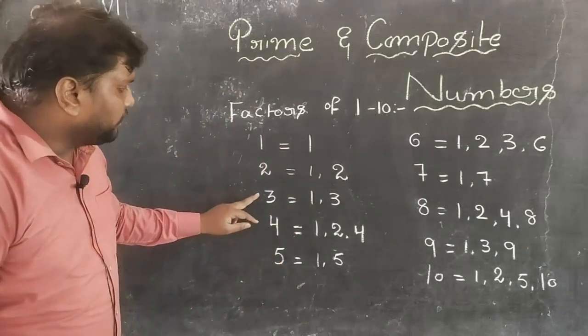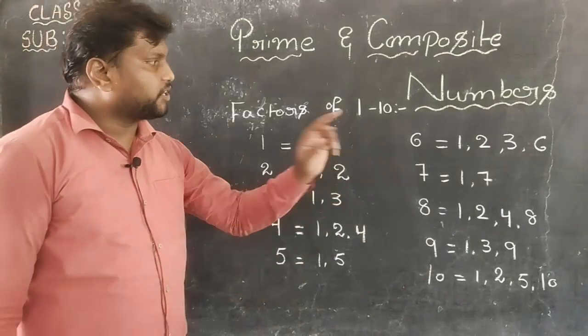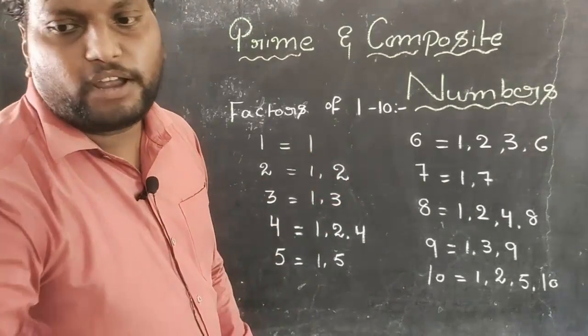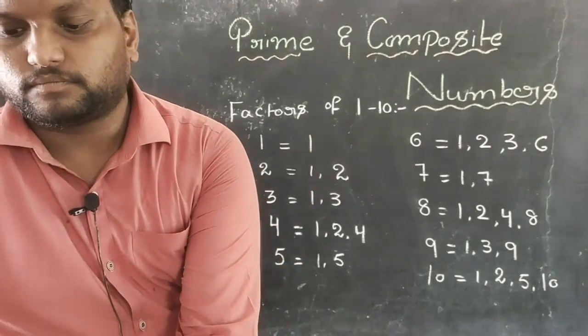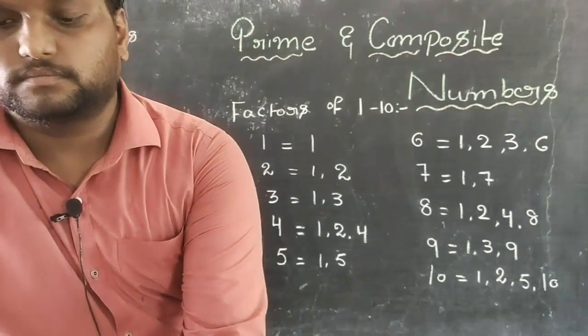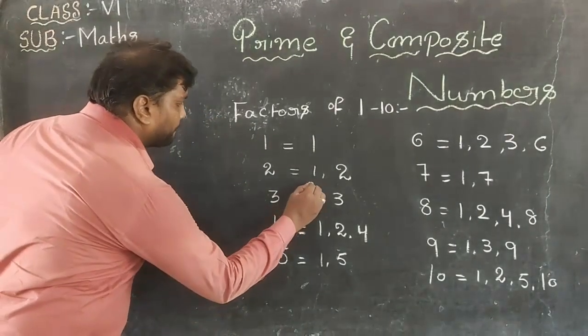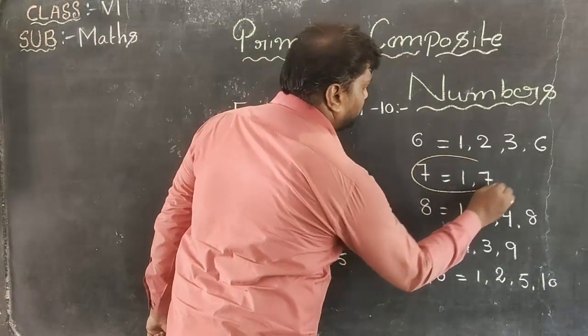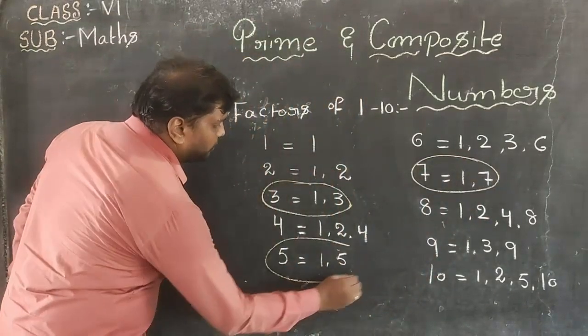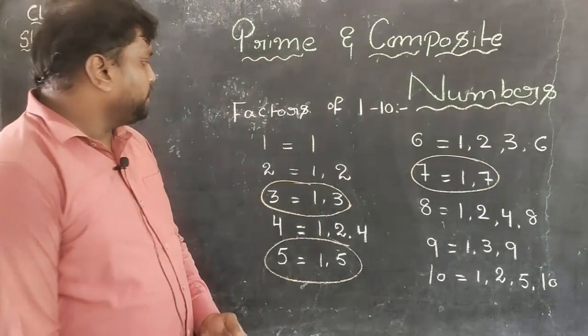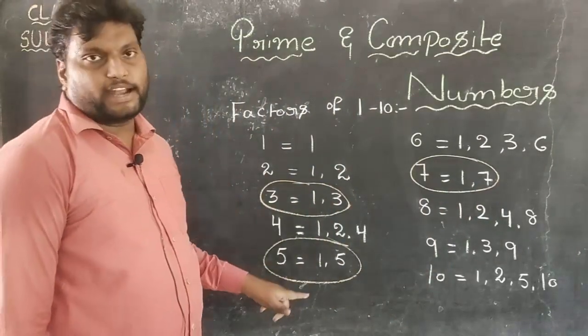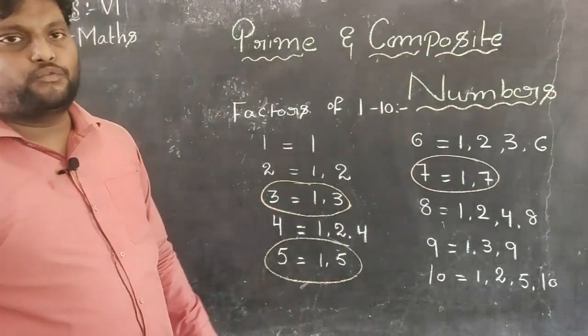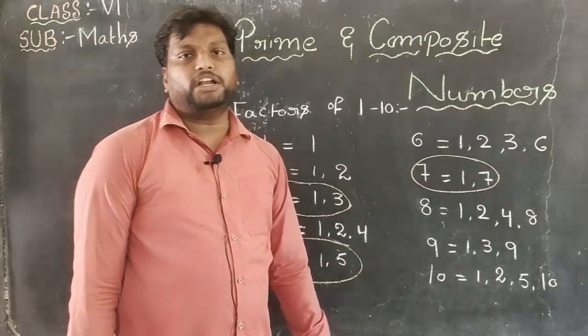Next, observe 3, 5, 7. Here 3 is having only 2 factors, and 5 is having only 2 factors, and 7 is having only 2 factors.